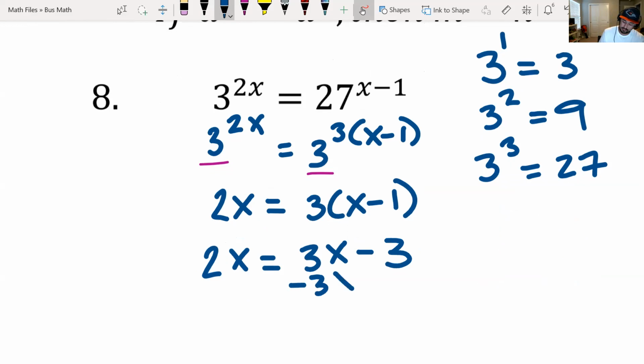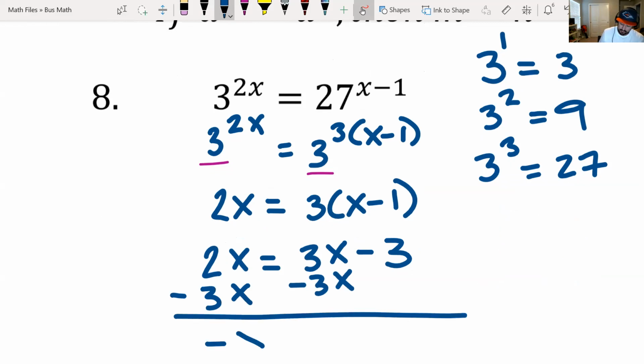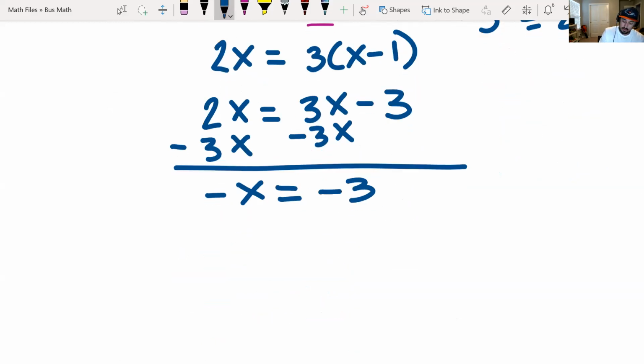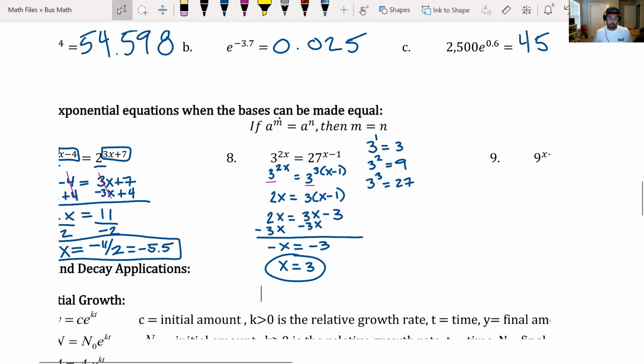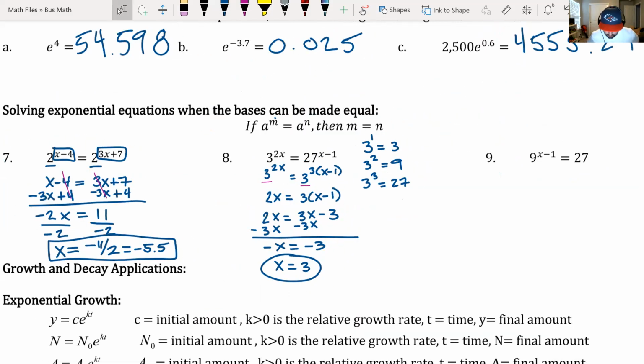Move 3x over, and you get negative x equals negative 3. Therefore, x equals 3. That's it.